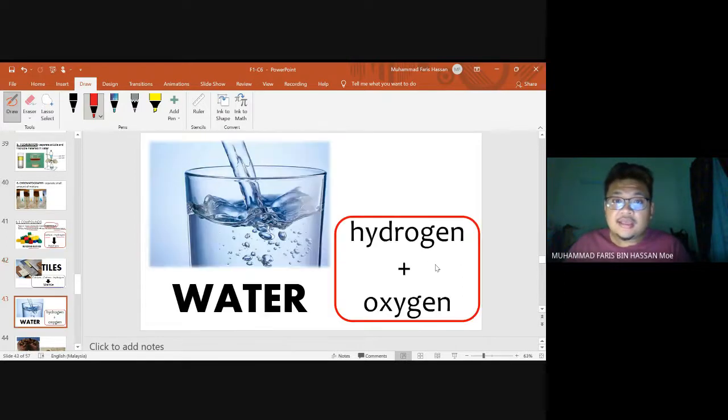Another example of a compound is water, which is produced from the reaction between hydrogen and oxygen. The chemical formula of water is H2O. From this formula, you can see it contains two hydrogen and one oxygen. So the two hydrogen react with the one oxygen to form a water compound.